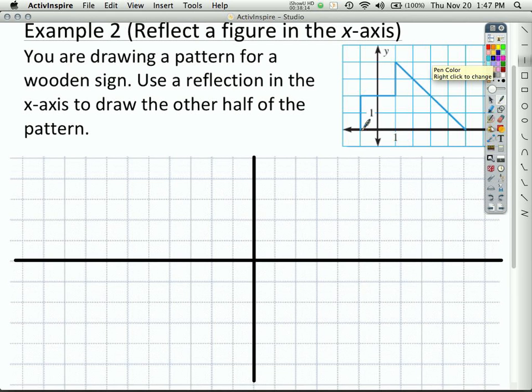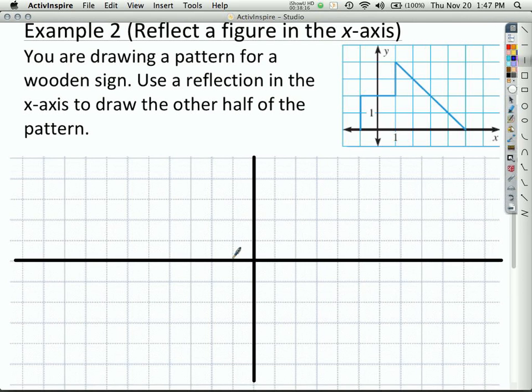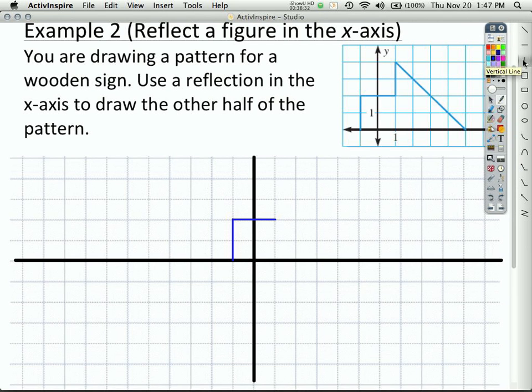So it starts at -1 on the x-axis, and it looks like it goes up 2. So let's start there and go up 2. And then it goes across 2. So we're going to go from there across 2. And then it goes up another 2. And from there it goes diagonally to 1, 2, 3, 4, 5 on the x-axis.